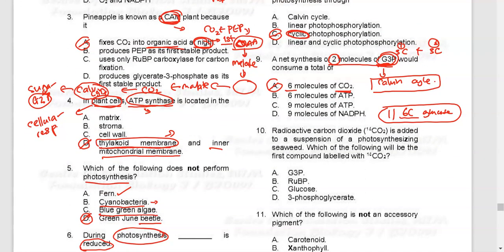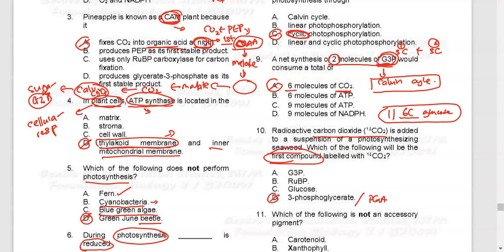Question 10. Radioactive carbon dioxide is added to a suspension of photosynthesizing seaweed. Which of the following will be the first compound labeled with the radioactive carbon dioxide? The answer will be 3-phosphoglycerate, also known as PGA.